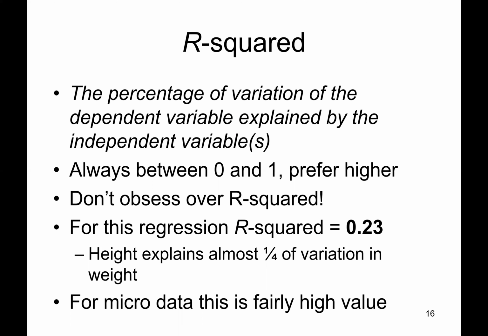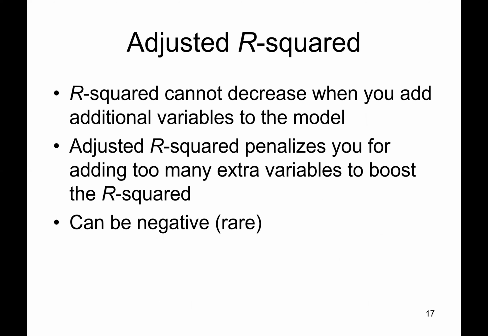That would have an R-squared of probably extremely close to 0 because it doesn't explain any of the variation in weight. For our regression, we have an R-squared of 0.23. As mentioned earlier, that means that we explain about 23% of the variation in weight with our model, which at this point only includes height. For micro data like we have, which is data on individuals, it's usually a fairly high value.